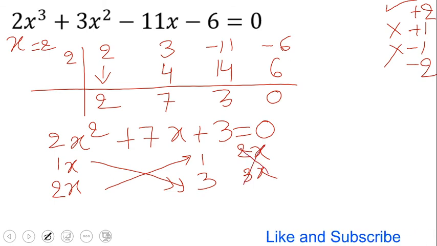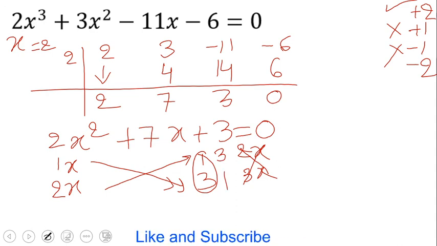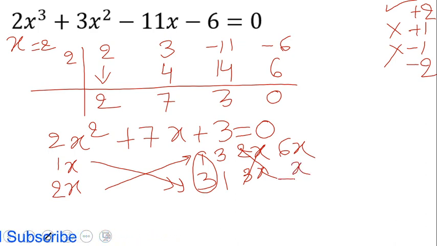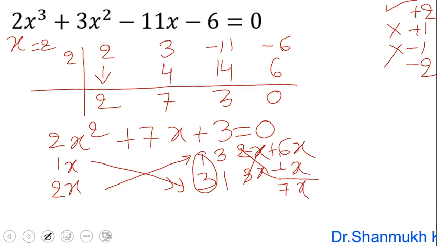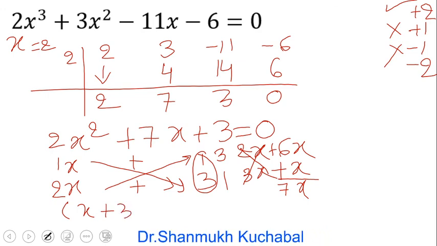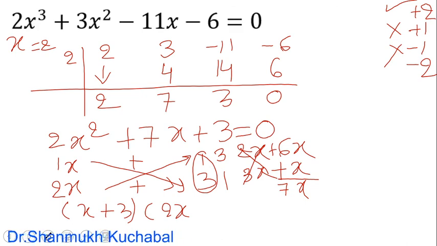Then invert it, bigger number first, smaller number next, so 3 twos are 6x, next 1x into x, the addition gives 7x, it satisfies. So both we have to add, so plus. One factor is x plus 3, another factor is 2x plus 1, equal to 0.